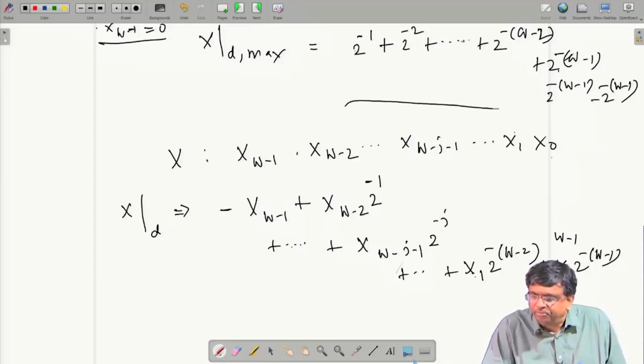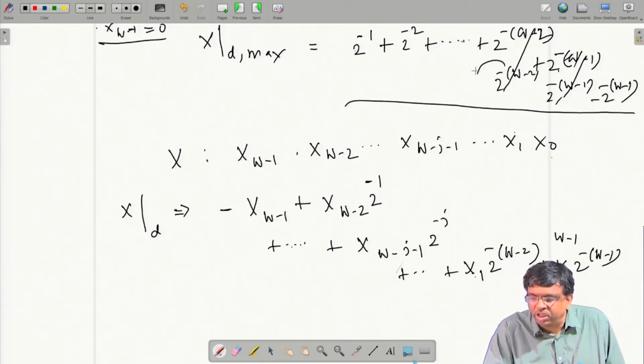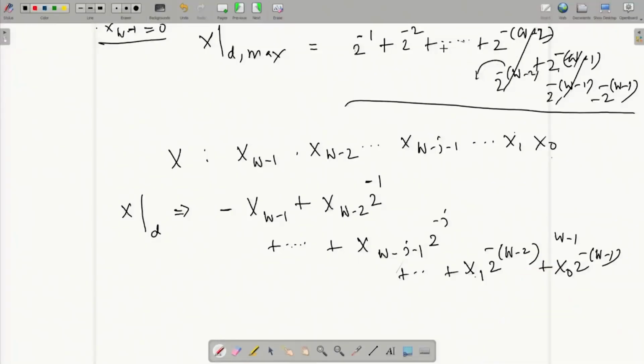If you add these two, it is twice this, so you get here, and if you add this, you move here, and so on. So, finally, twice of this will come, which is 1, and you are left with this minus. This is my way of doing, but you can carry out a GP series sum, and you will get the same thing. So, this is what you have.